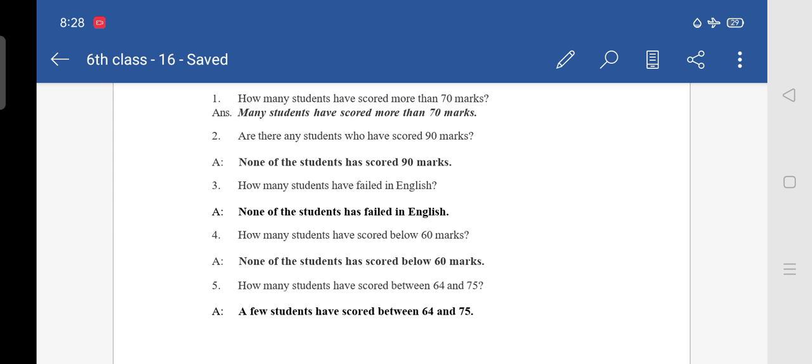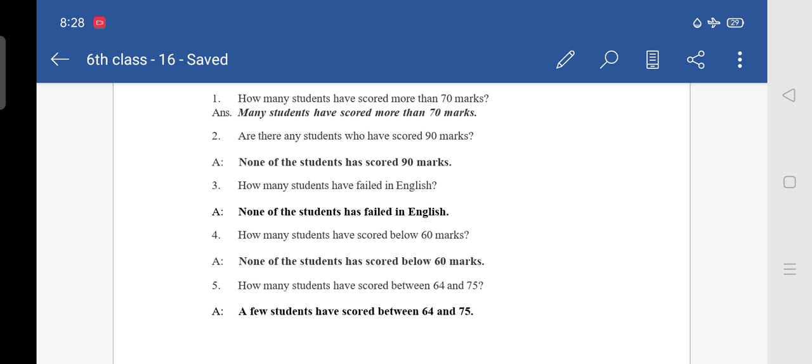Already I have written here, okay. Second one is, none of the students has scored 90 marks. Third one, how many students have failed in English? Did anyone fail? No. So what you will be writing? None of the students has failed in English.